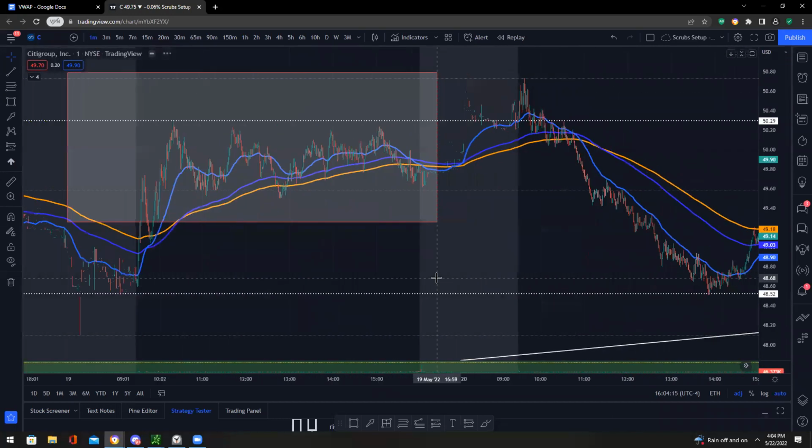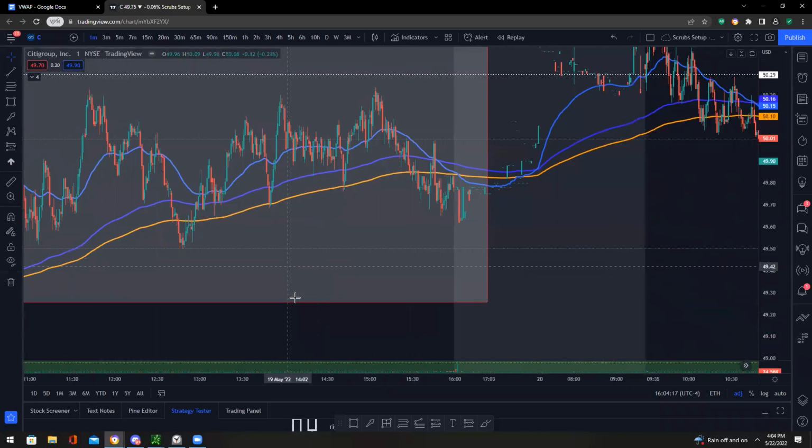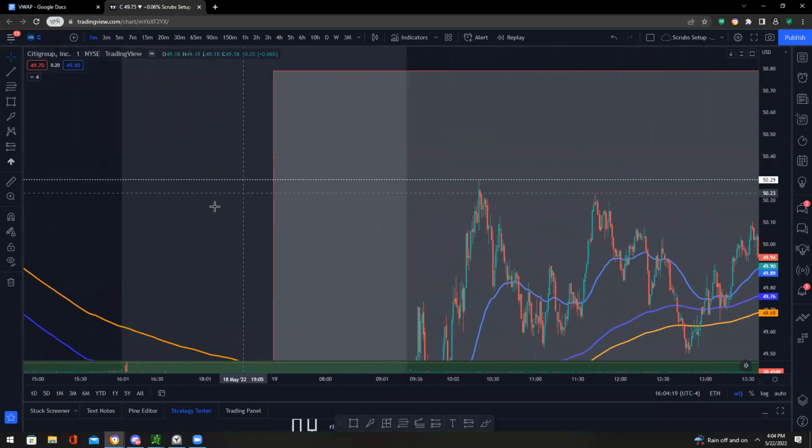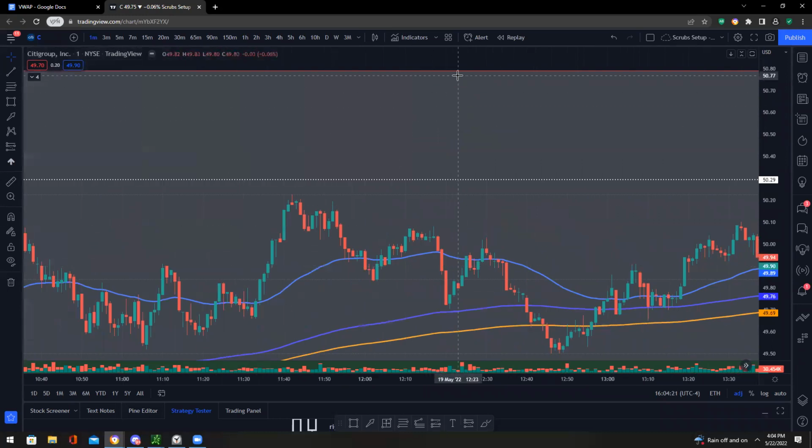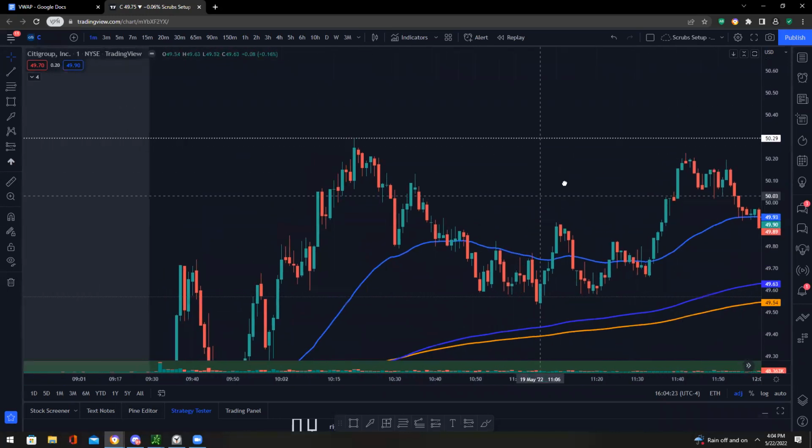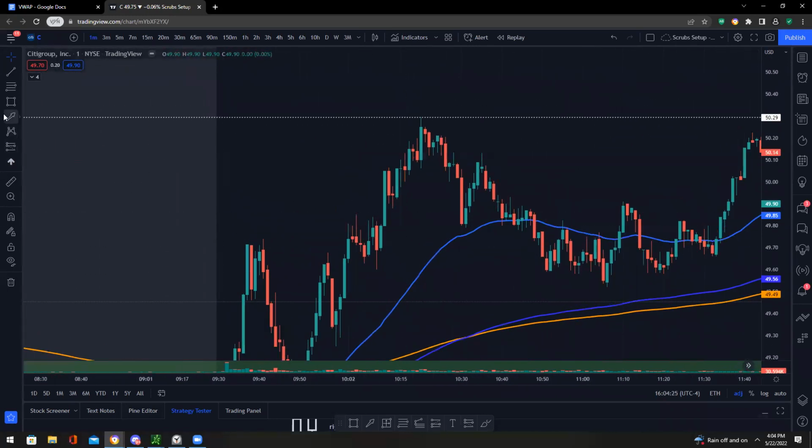Okay, so here is a resistance area from the previous day. Did this candle close above it?